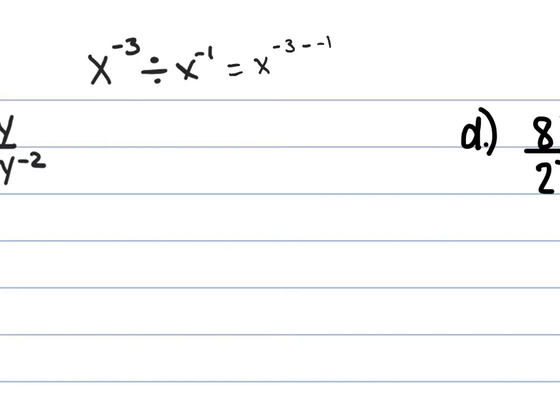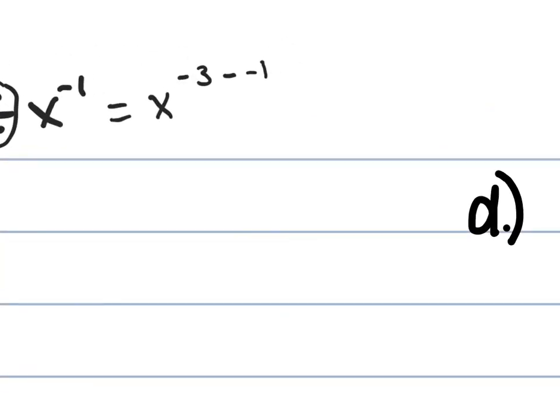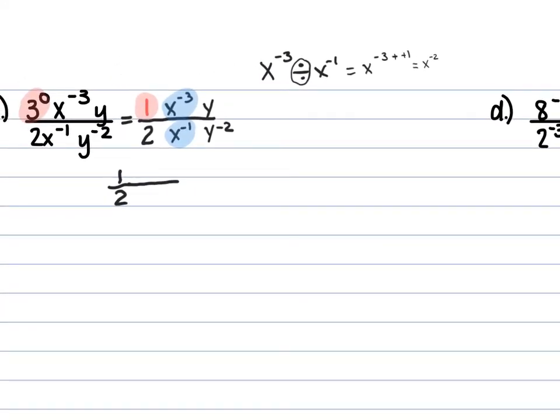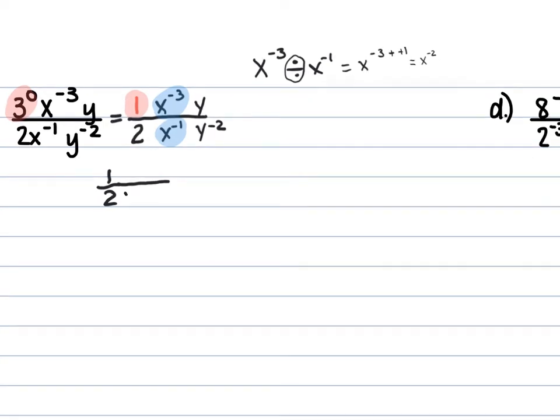Because I'm dividing, that means I'm subtracting their exponents. Negative 3 minus negative 1, those become a plus. This becomes x to the negative 2. That means it's going to go into the bottom as an x squared, because if this ends up as x to the negative second power, it's definitely going to go into the denominator as an x squared.